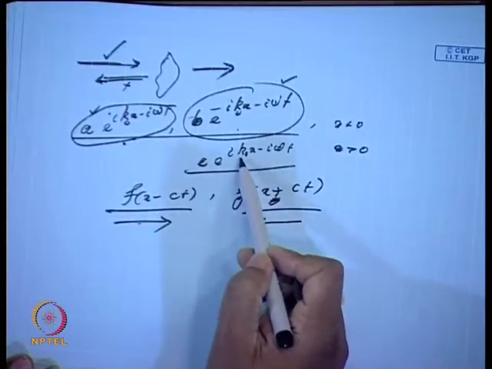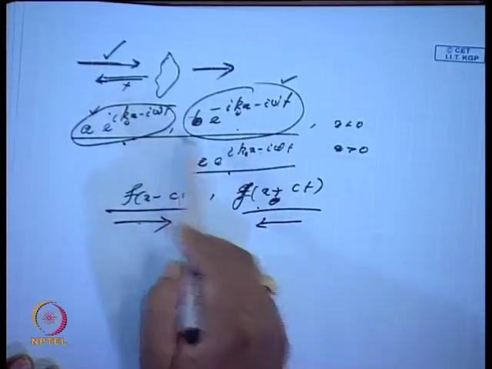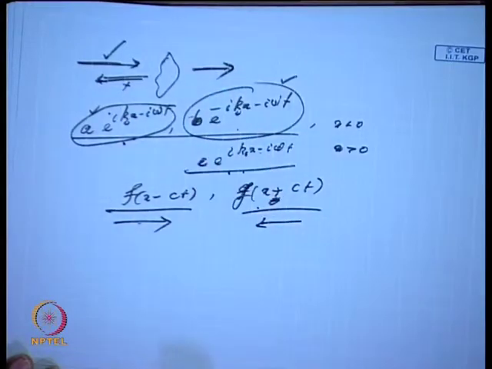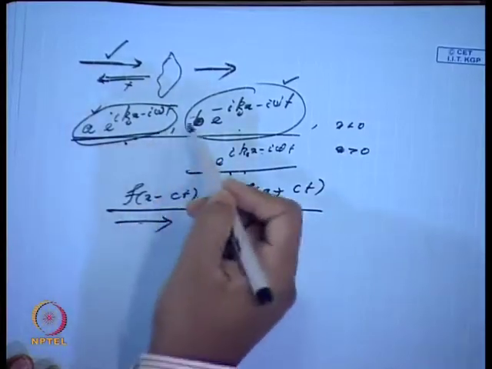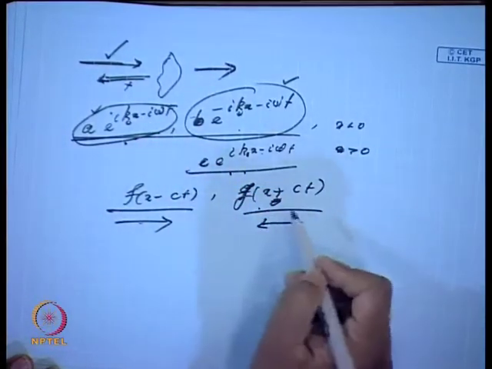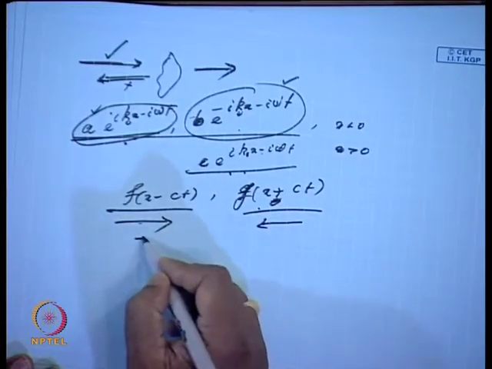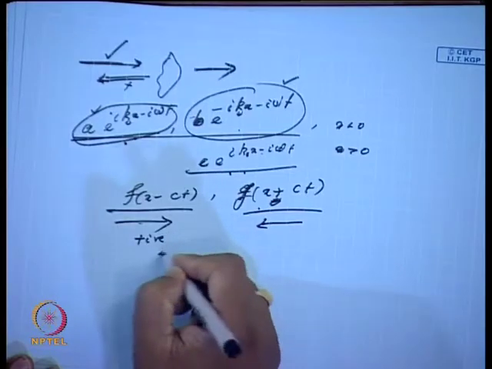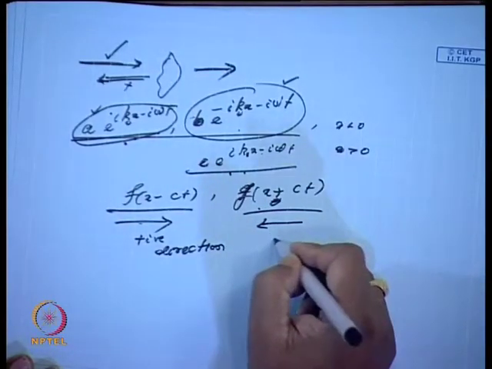On the other hand, here we have the plus sign. So the sign of x minus c t or x plus c t determines whether the wave is progressing in the positive or the negative direction.